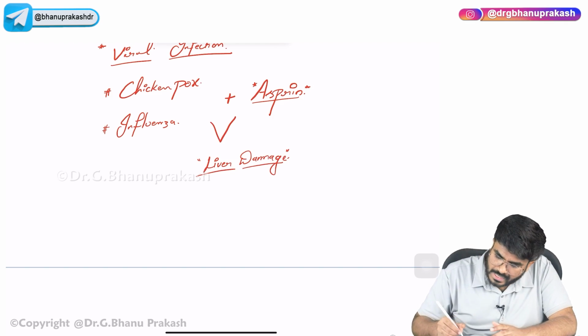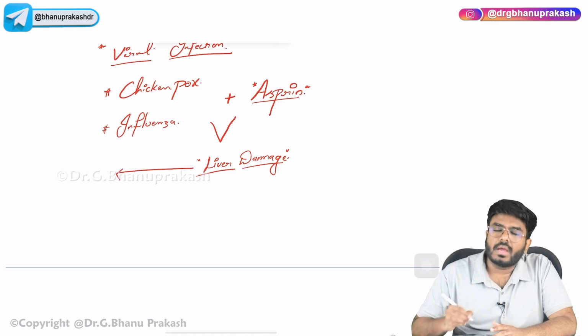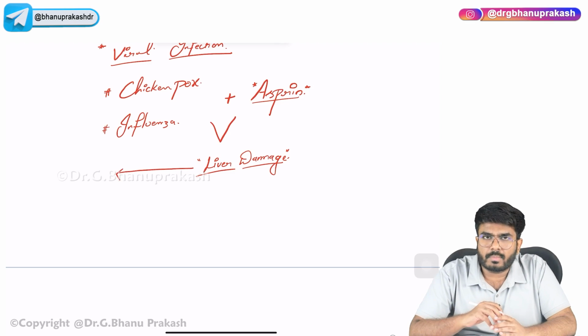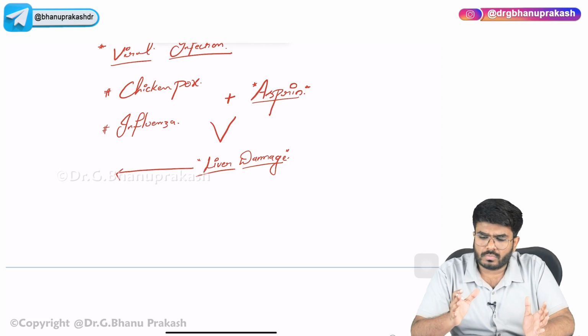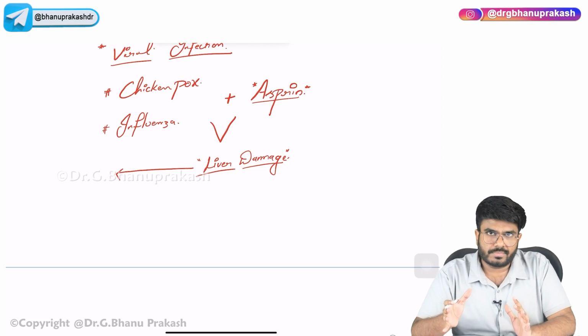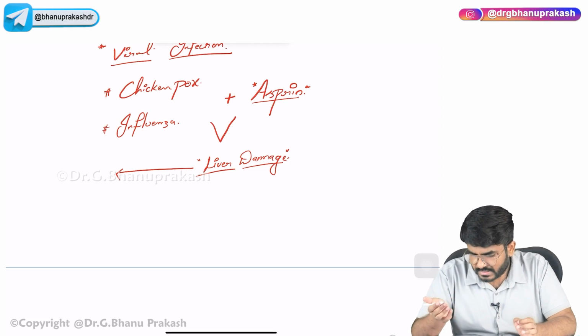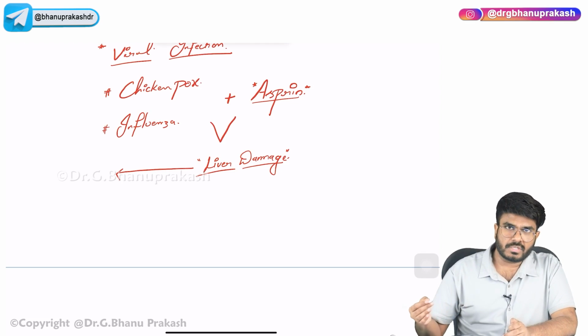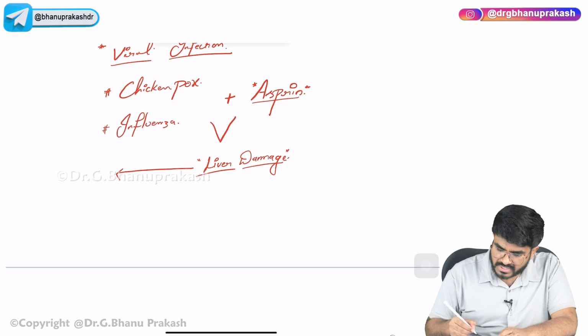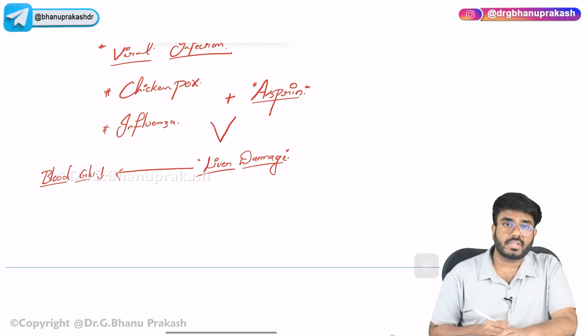Whenever the liver is damaged, I want you to know the liver is the one which maintains our blood glucose levels. It stores the glycogen, and whenever needed, the glycogen is converted into glucose, and glucose is utilized by the tissues. So the liver is like a store for glucose. When the liver is damaged, blood glucose levels are not properly managed, the blood glucose levels decrease, and the patient can go into hypoglycemia.